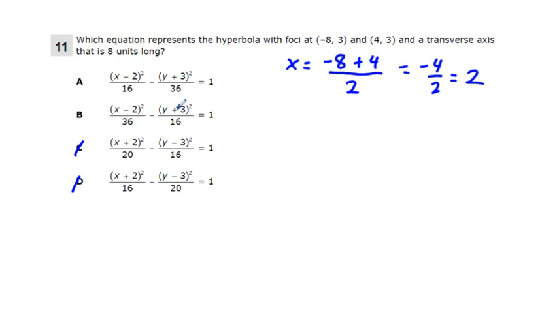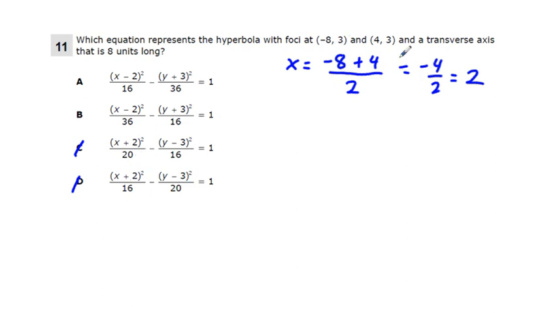It's going to be 16, let's see, 4, 3, next 3, 1 plus 3, and that's going to be at negative 3 at 4, 3. Oh, it's going to be negative 2. That's where I messed up. Okay.